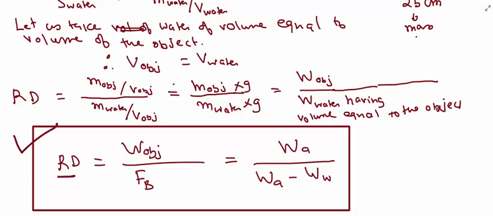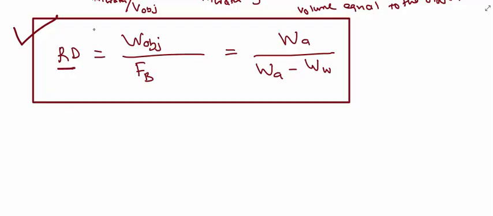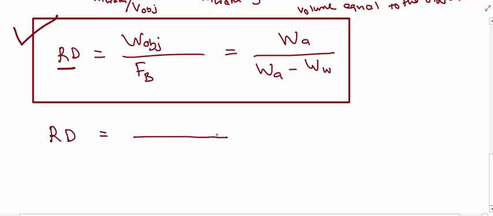So the formula will become RD is equal to weight of the object in air upon weight of the object in air minus weight of the object in fluid, because in this case we have a fluid which is different from water, multiplied by RD of the fluid.